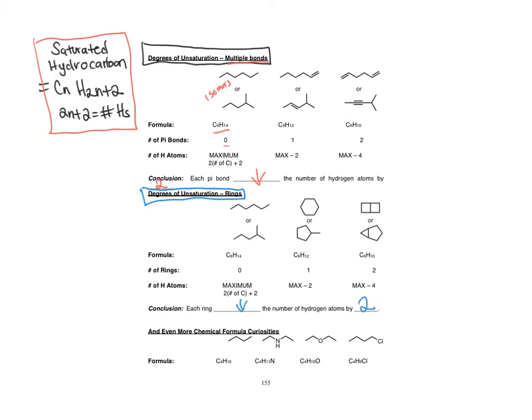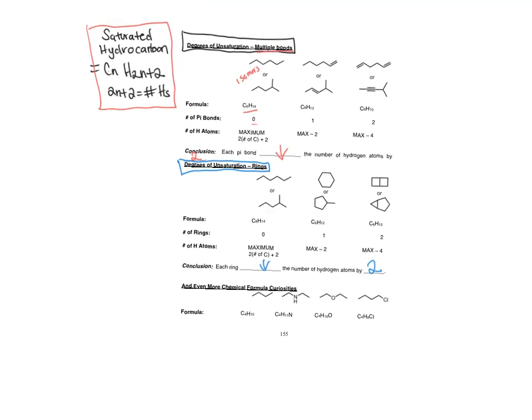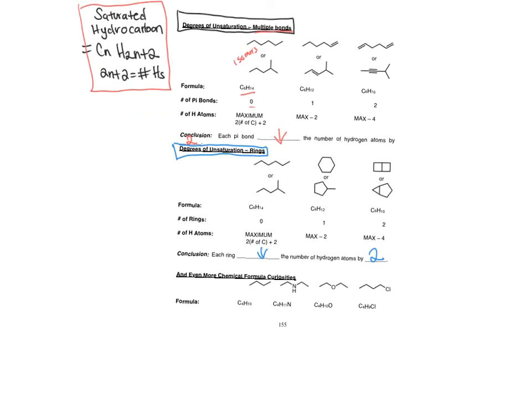Now, other things come into play. If we're not working with just hydrocarbons, what if we have some heteroatoms on board there? They don't have the same bonding pattern as carbon, but we could still get clues for what their formula means by looking at what happens when we replace one of the carbons with a heteroatom. So let's take this simple saturated hydrocarbon butane, C4H10, and let's see how we deviate from this formula by incorporating a heteroatom.